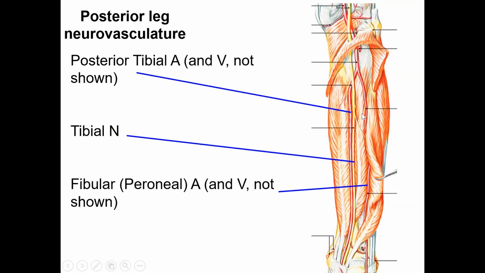Now on the lateral aspect of the leg, we've also got the fibular artery and fibular vein. So once again, the veins are not being shown here, but they're running alongside the accompanying arteries. So the lateral branch here is going to be the fibular artery, and it should be accompanied by the fibular vein. Descending here is the posterior tibial artery, should be accompanied by the posterior tibial vein.